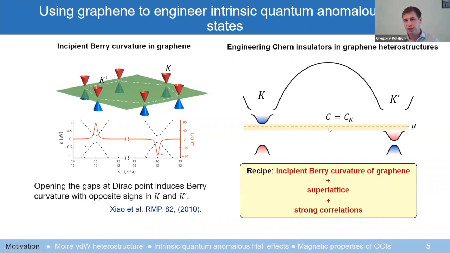And then such a state will have finite Chern number. This is just driven by the minimization of the exchange energy. Such ideas were proposed, for example, by Song and Levitov, who called such structures Chernburgers. That's a very interesting name.